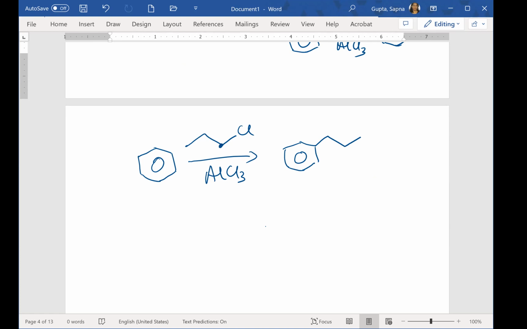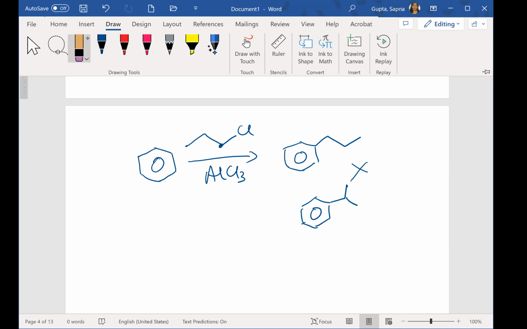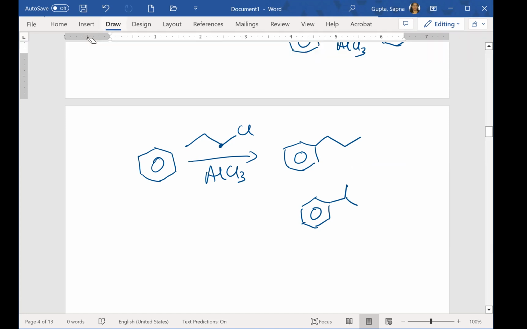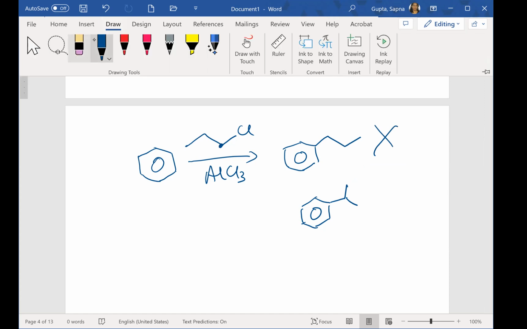So this is what you're thinking, but you don't form this. You end up forming this. Which means that there was some rearrangement going on. So let's see what was going on here.